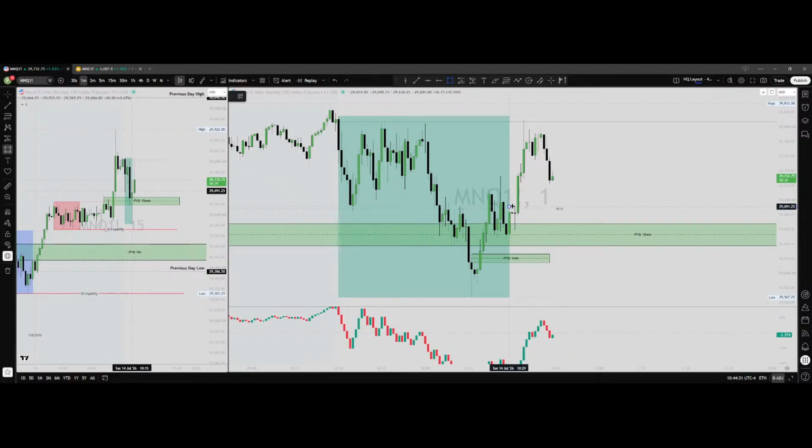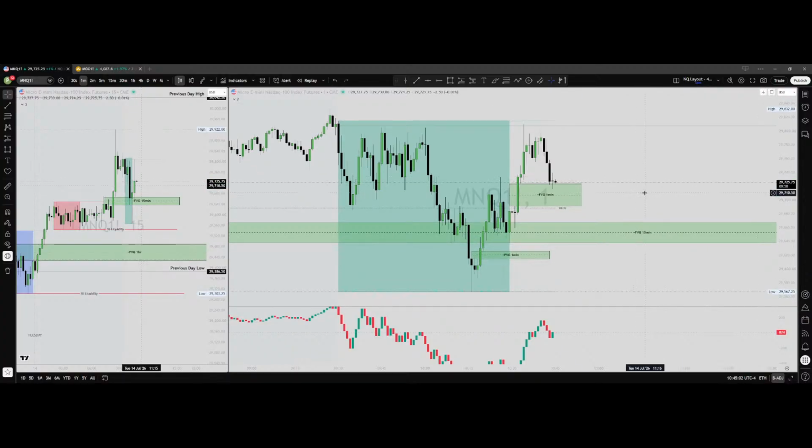Now we got this 1-minute fair value gap right here. Let's see how price reacts into this. Price action is so messy. This is not generally how price works.